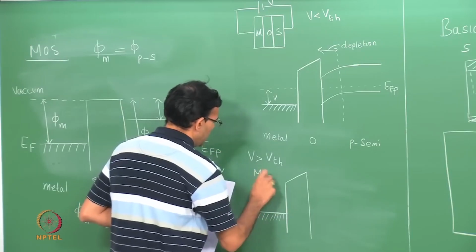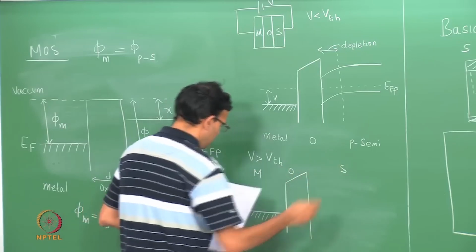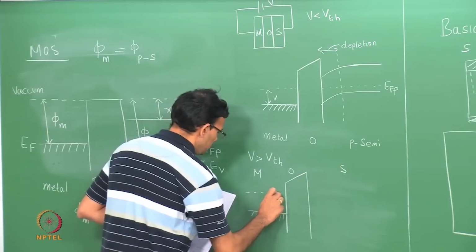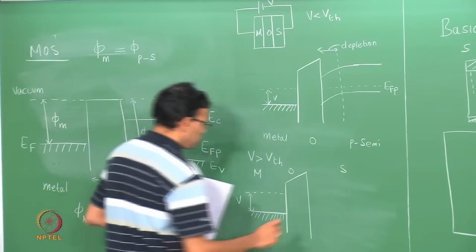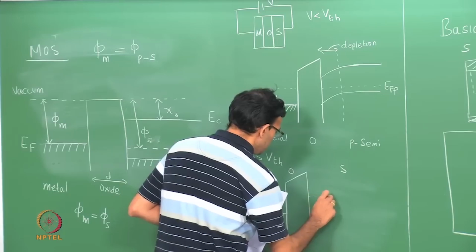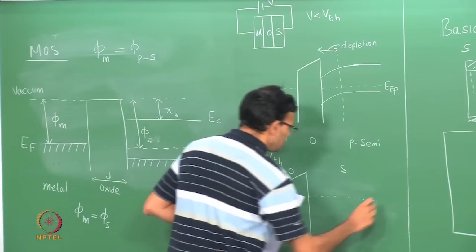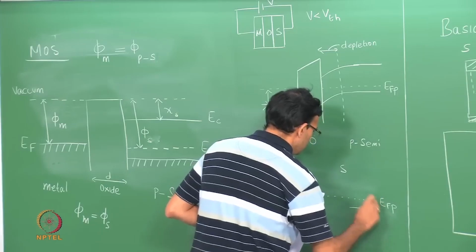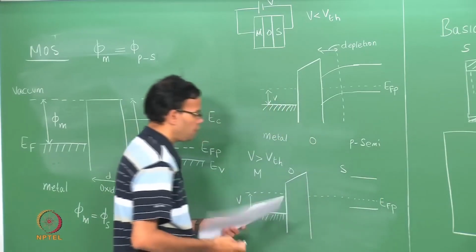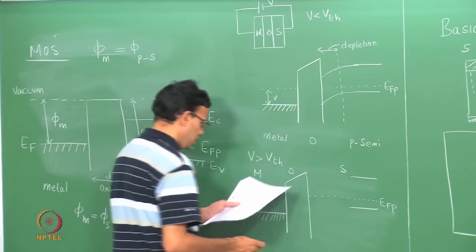so let me say metal oxide semiconductor, V, this is EFP. So, far away from the junction it still behaves like a p type.